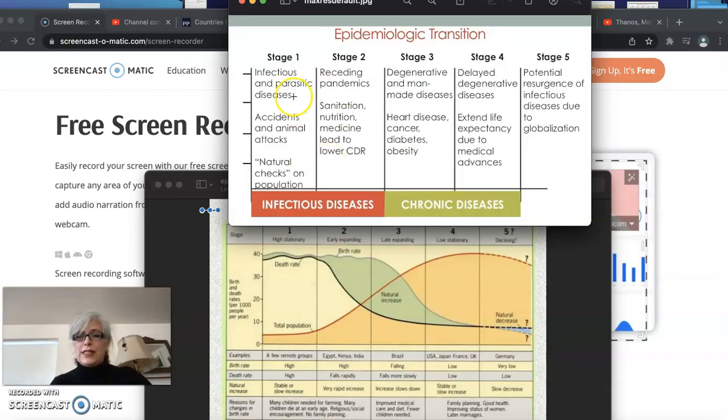So in stage 1 and stage 2, you see that basic things like sanitation and nutrition problems contributed to a very high crude death rate at first, and then improvements in sanitation and nutrition at the end of stage 2 led to a decreasing crude death rate.